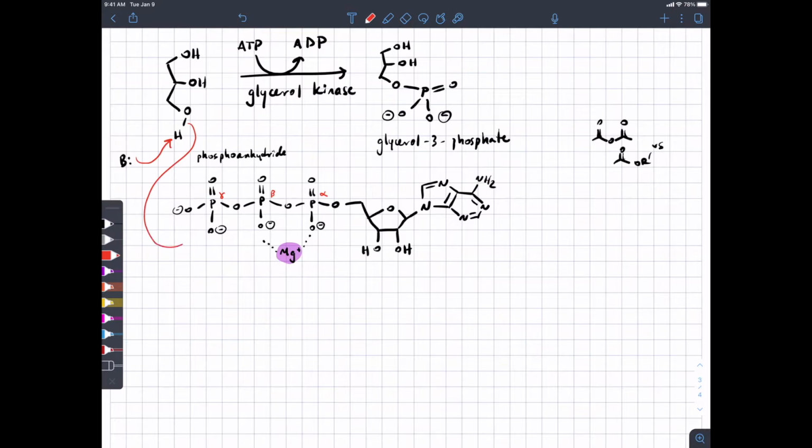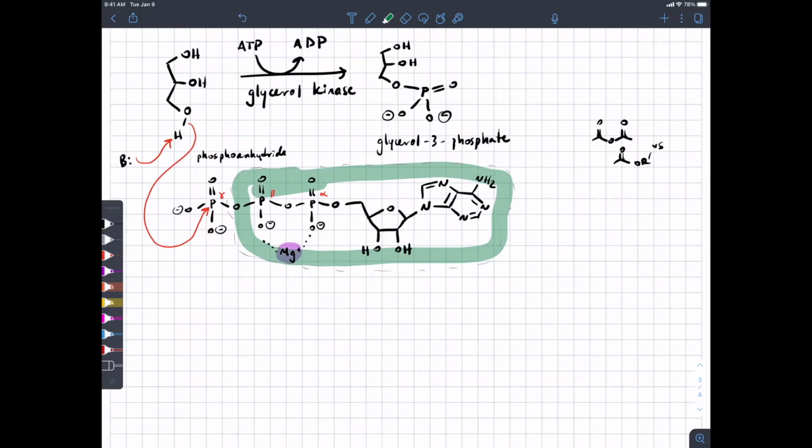Then that negatively charged oxygen attacks the gamma phosphorus, and the leaving group leaves. So you're going to think of all of this as being just a really good leaving group.